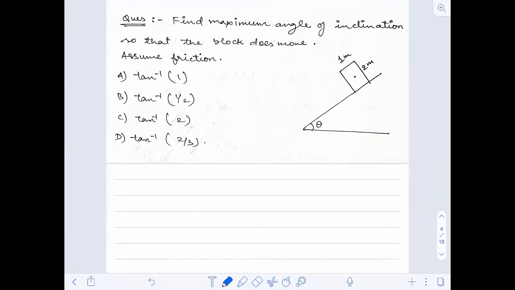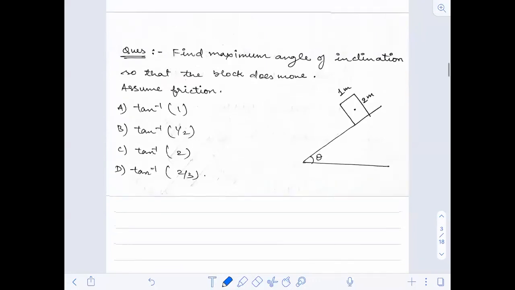Generally, whenever you have a question in which the dimension of the block or cylinder is given and it is kept on an inclined wedge, and they are asking you the condition for inclination, then if its dimension is given or you can calculate the dimension, be a little bit careful that there can be a case of toppling involved.